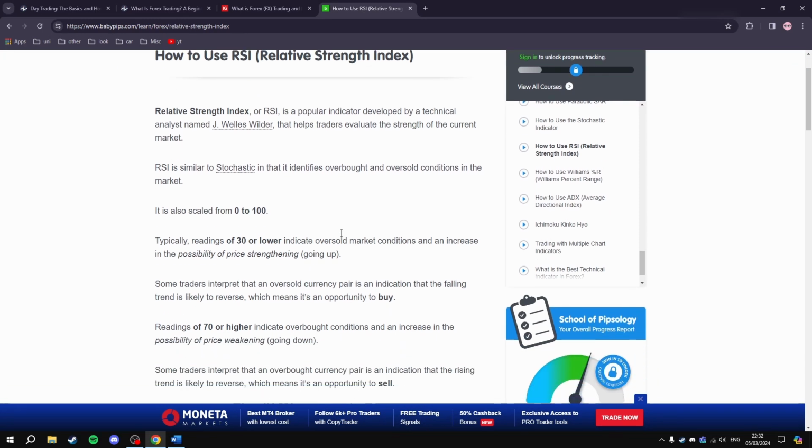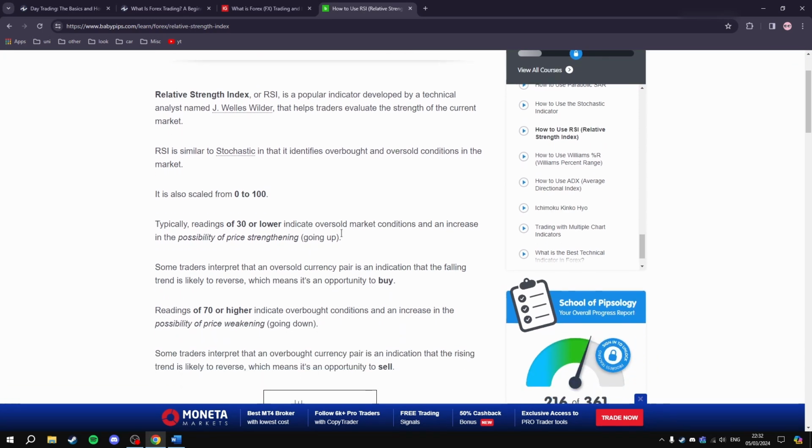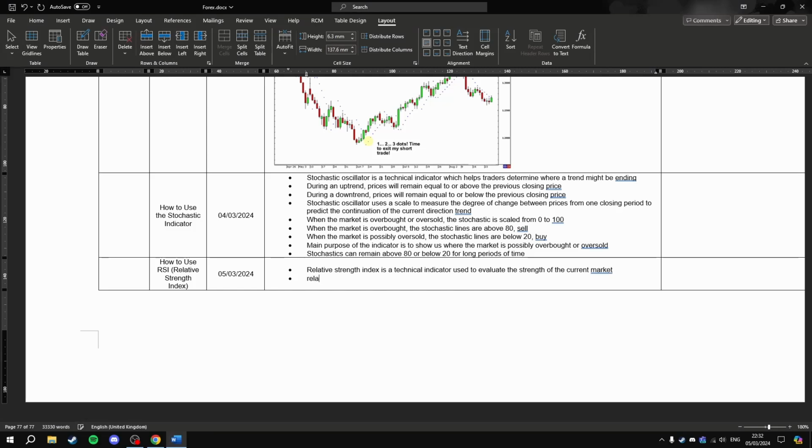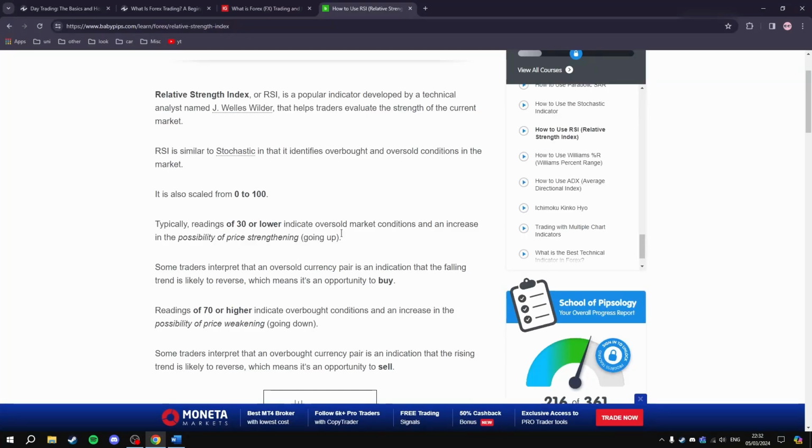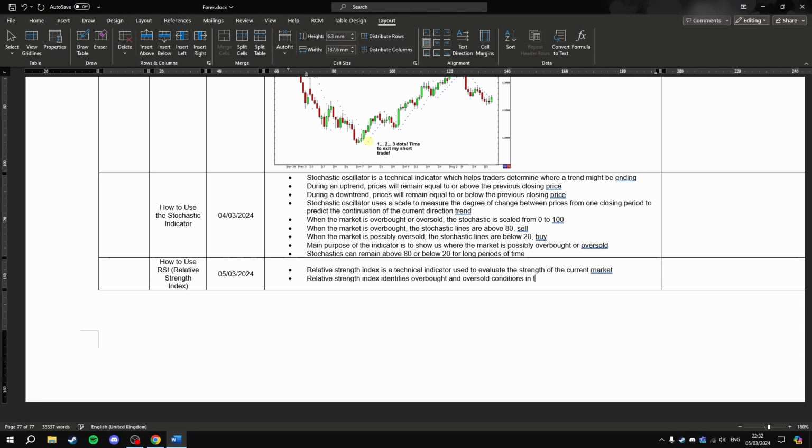RSI is similar to stochastic in that it identifies overbought and oversold conditions in the market.